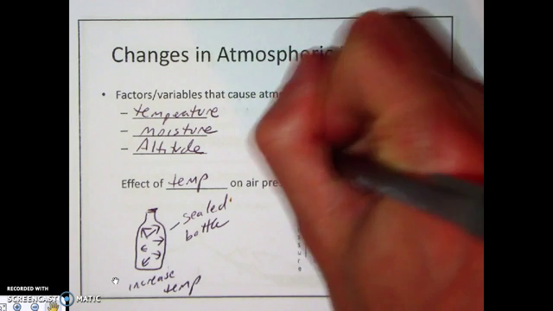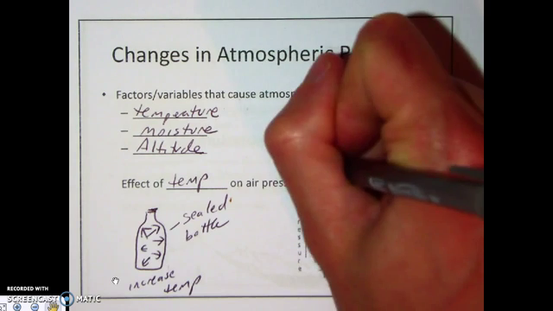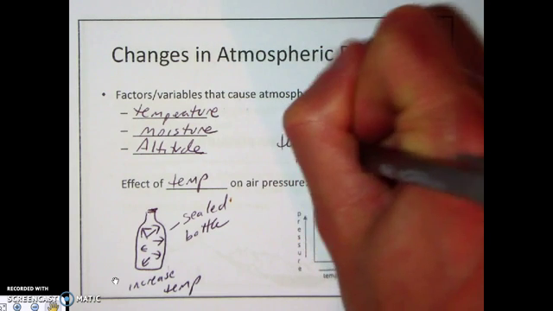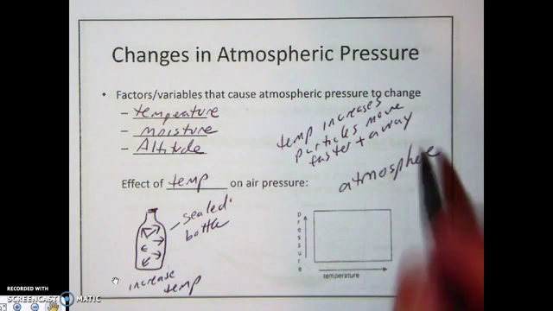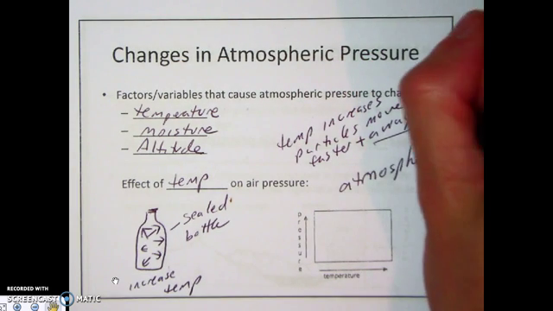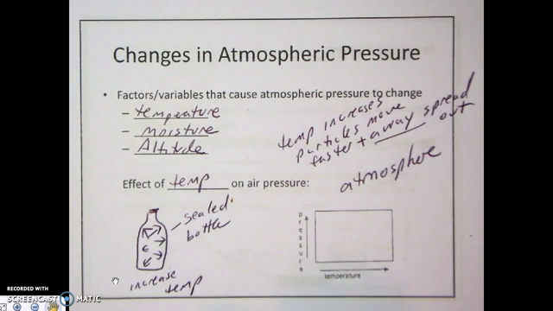the particles of air move faster and away from each other. And since they're moving away, they're getting spread out. This can't happen in the bottle because the bottle is holding everything in place.